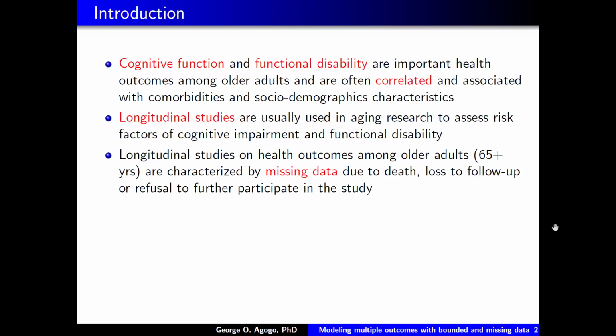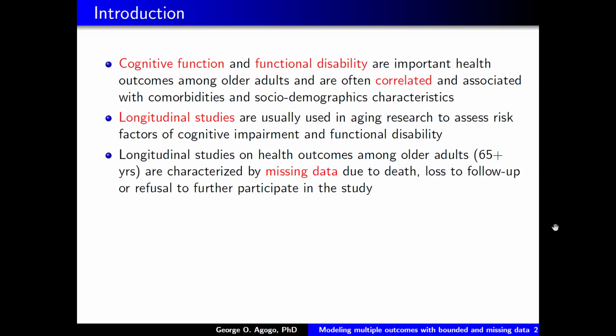And to assess the risk factors of such outcomes, we usually use longitudinal studies, where we follow people over a long period of time to assess risk factors of cognitive decline, for instance, cognitive impairment, as well as functional disability.